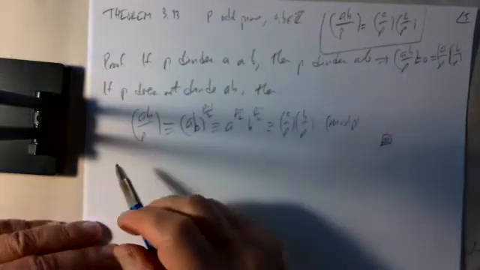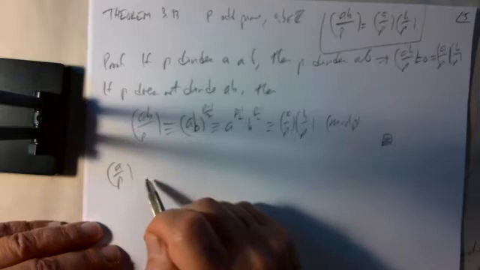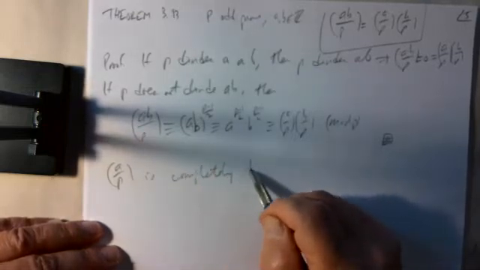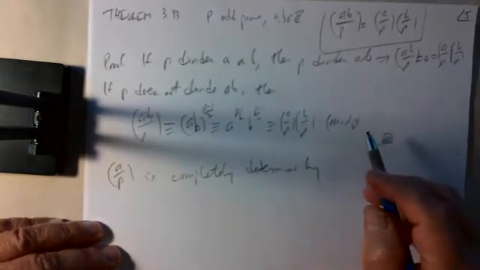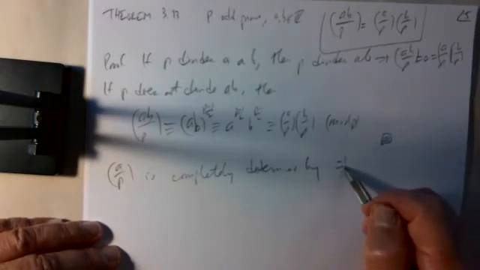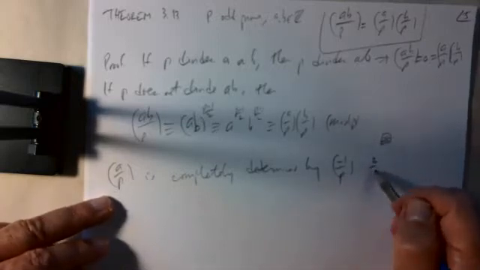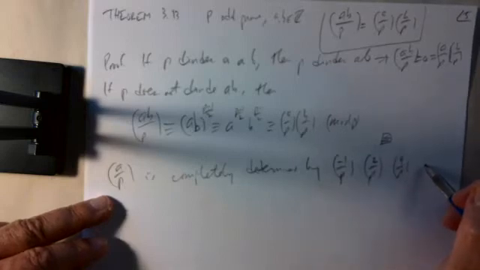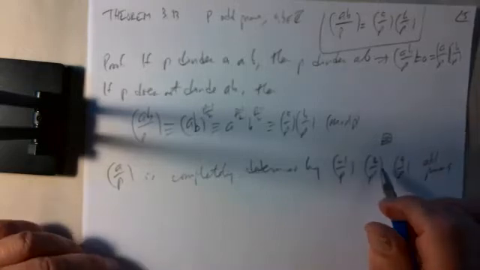And as a corollary of this, the Legendre symbol is completely determined. You can calculate it by knowing minus 1 over P, because A can be positive or negative, 2 over P, and Q over P for all odd primes Q, right?